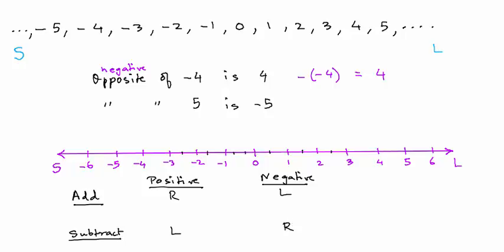Let's look at a couple of examples. Let's say you want to do 4 minus 5 plus 3. You always start from 0, and then because the first number is 4 or a positive 4, it amounts to adding 4 to 0. So you go 4 steps to the right, 1, 2, 3, 4.